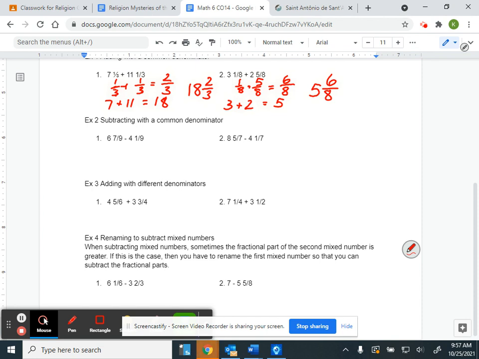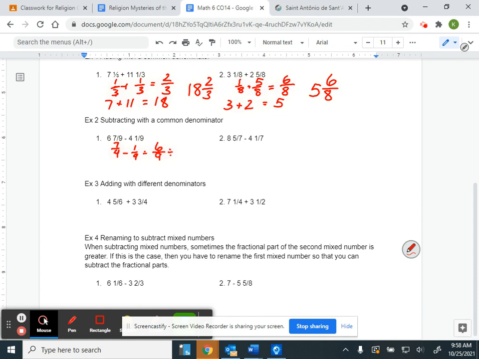Subtracting with a common denominator, same thing. You look at the fractions, then you look at the whole numbers. So we have 7/9 minus 1/9 equals 6/9. Can I simplify 6/9? Well, yeah, I can divide, you're close, but not quite.